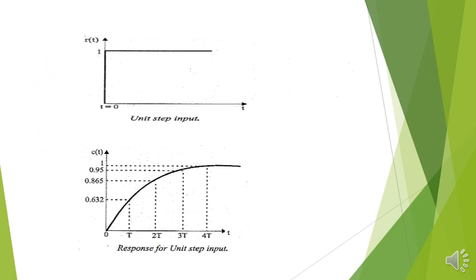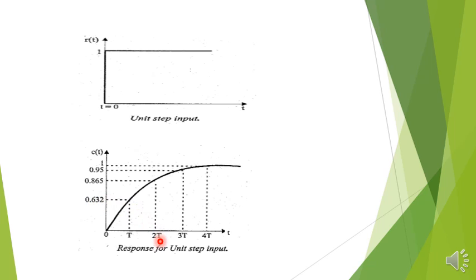Now the waveform, if we see, this is the input signal R of T, the unit step signal, and we know the expression C of T is equal to 1 minus e to the power minus t by T. When small t equals capital T, it becomes 1 minus e to the power minus 1, which is equal to 0.632.